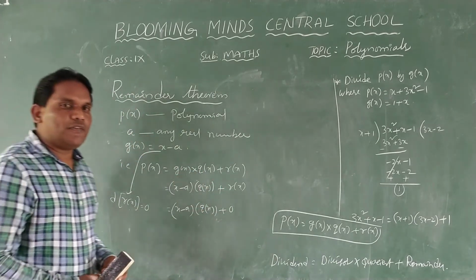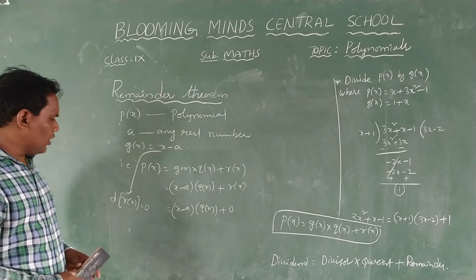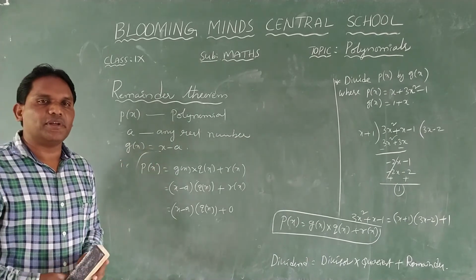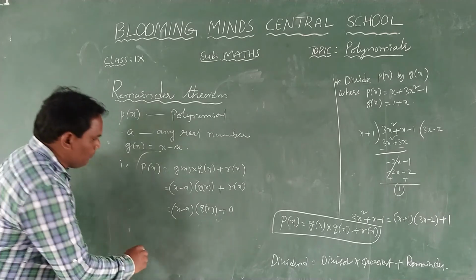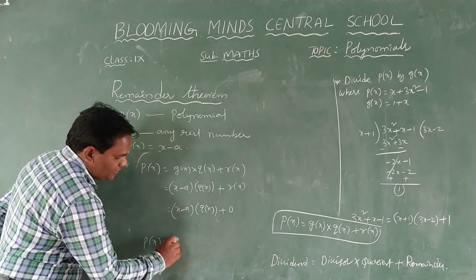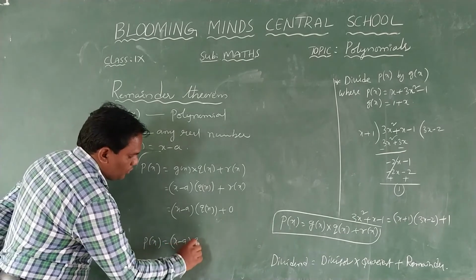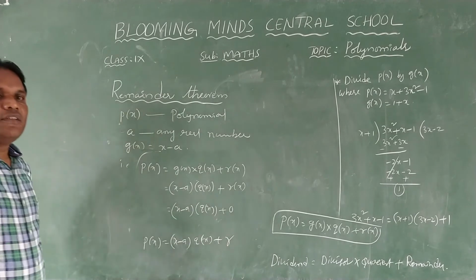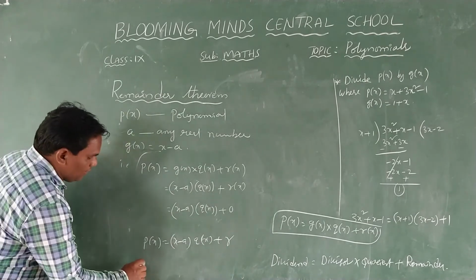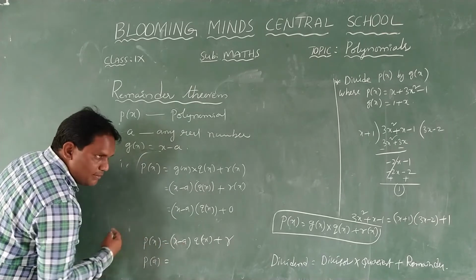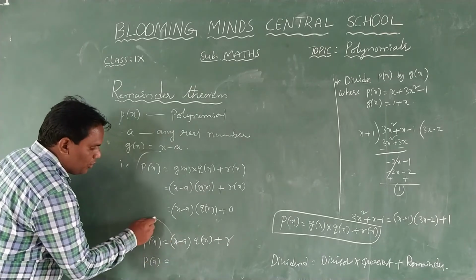So R of x is a constant, let it be r. Then P of x will become G of x, that means x minus a, into Q of x plus r. Now apply x equal to a, the zero of the polynomial x minus a.